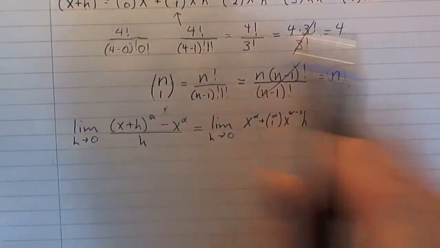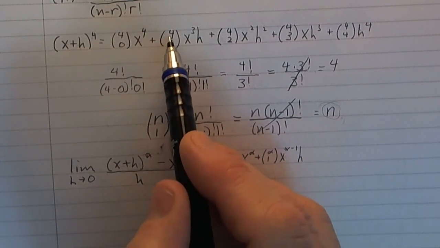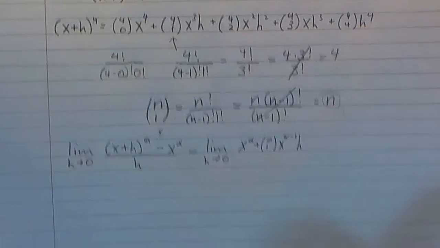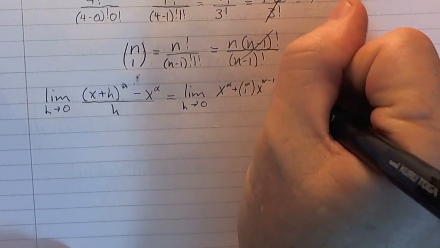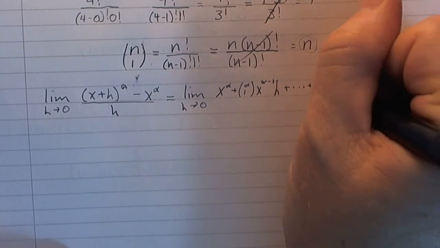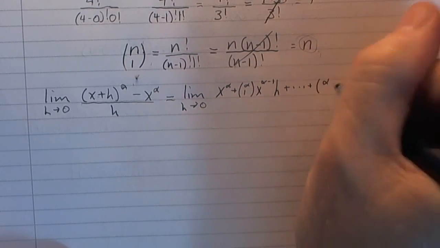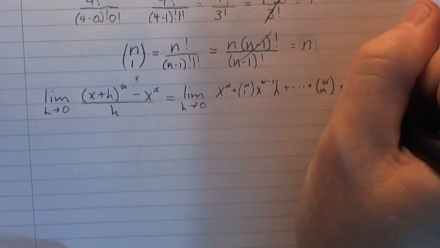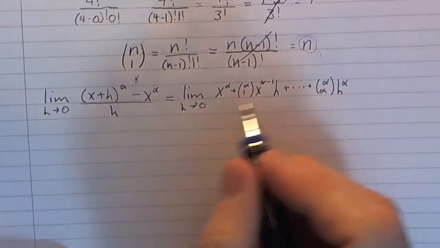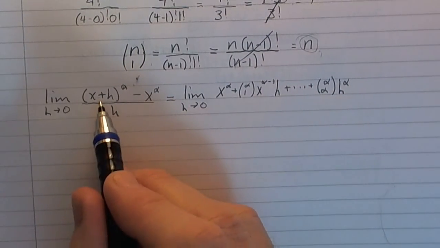Look, match it up with what I've got up here when I had a 4 instead of an alpha. See that? Okay. Now, we could keep going all the way to the end where I've got alpha over alpha things taken alpha at a time, h to the alpha. Okay. This right here is the expansion of this.